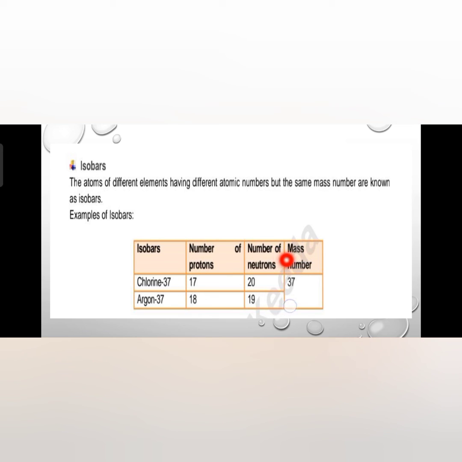As we can see, the number of neutrons is different, so the mass number is the same due to the difference in the number of neutrons. Like that, argon and calcium, and chromium-54 and iron-54: the mass number is the same, but chromium has atomic number 24 and iron has 26, which is different.